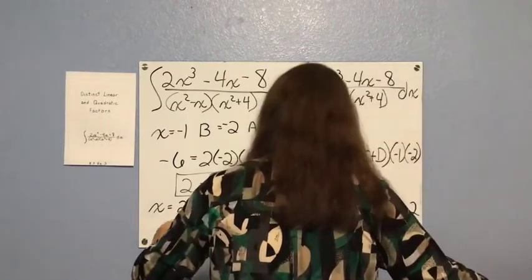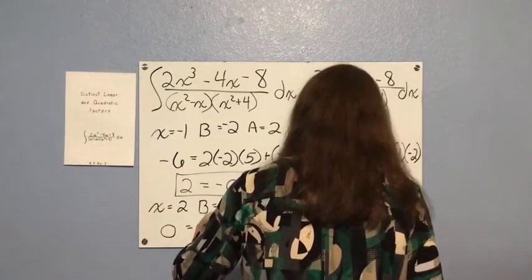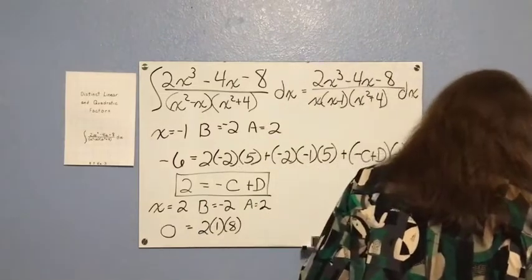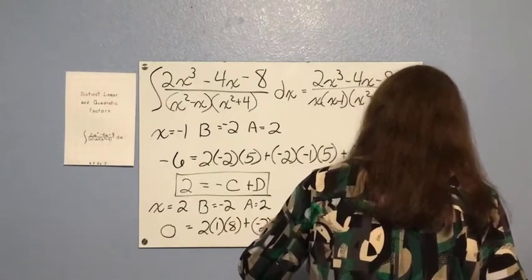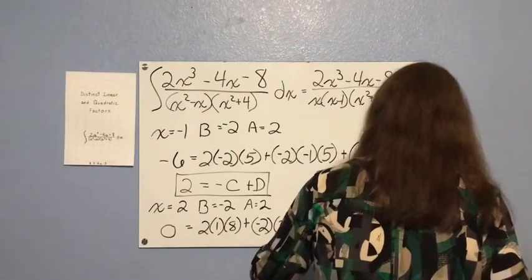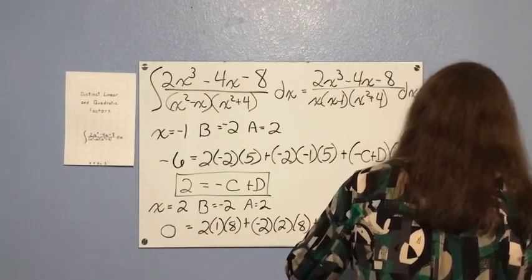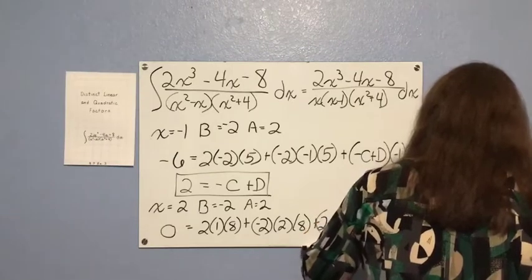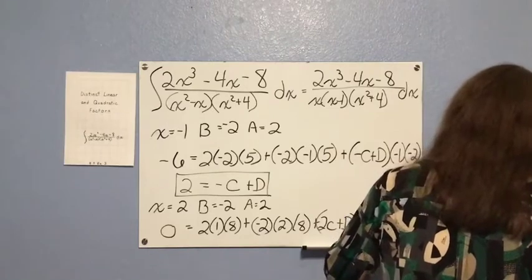And I'm going to have 0 equals 2 times 1 times 8 plus -2 times 2 times 8 plus 2c plus d times 2 times 1.